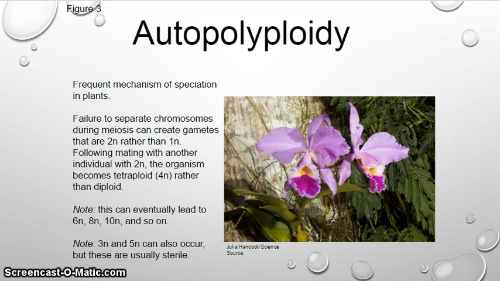Instead, we can have a failure of separation of chromosomes, and then that plant could persist as a separate species, as a polyploid, and continue to reproduce asexually. Alternatively, polyploids can reproduce sexually with each other if they are in close proximity to each other.